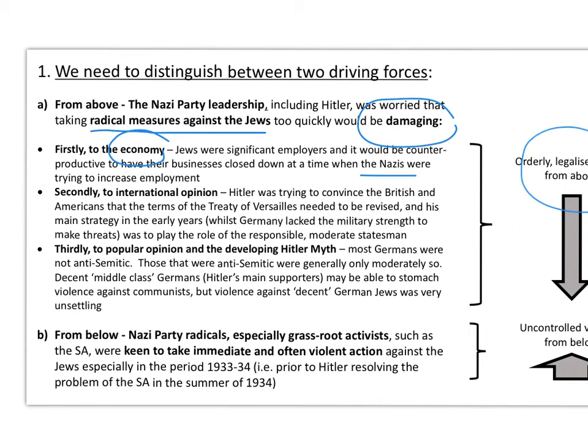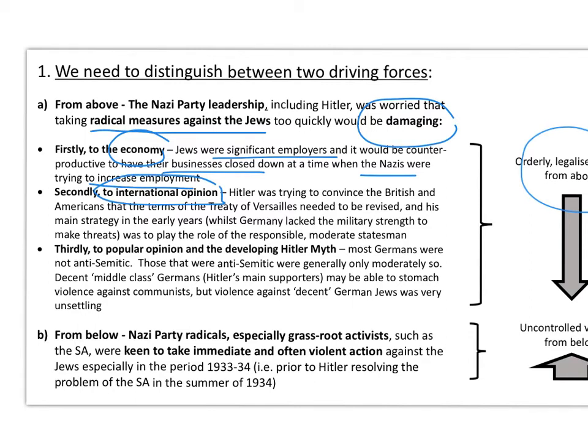The Nazis are trying to create jobs. If they, in an uncontrolled way, launch an attack against Jews, remember, Jews were significant employers, and it would damage the economy further because Jewish businesses were closed down, which would increase unemployment, and that would impact on Hitler's popular support at a time when he desperately needs to increase it by saying he is creating jobs.